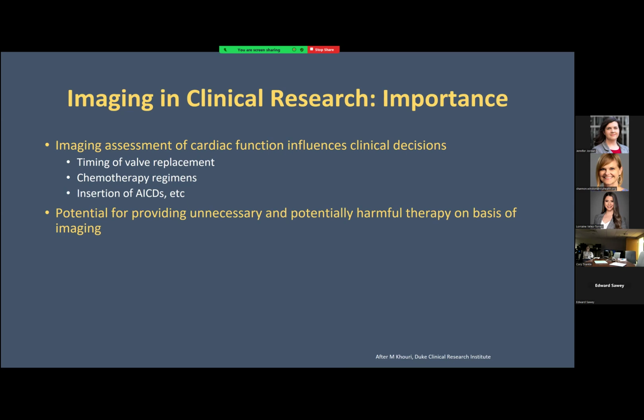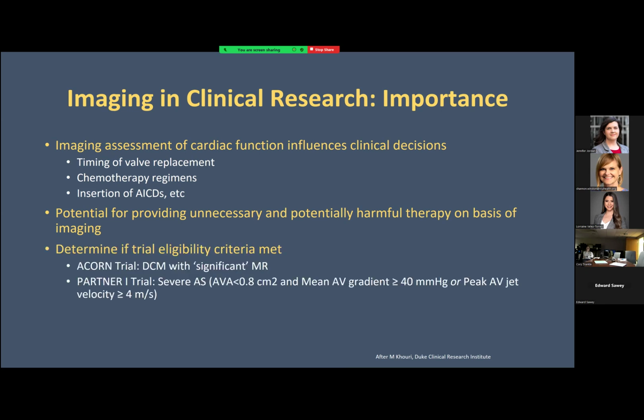And there's the potential to provide unnecessary and potentially harmful therapy on the basis of imaging. So we want to make sure that when we're doing our imaging, we're doing it with the right timing, and we're not altering the patient's care in any untoward capacity.